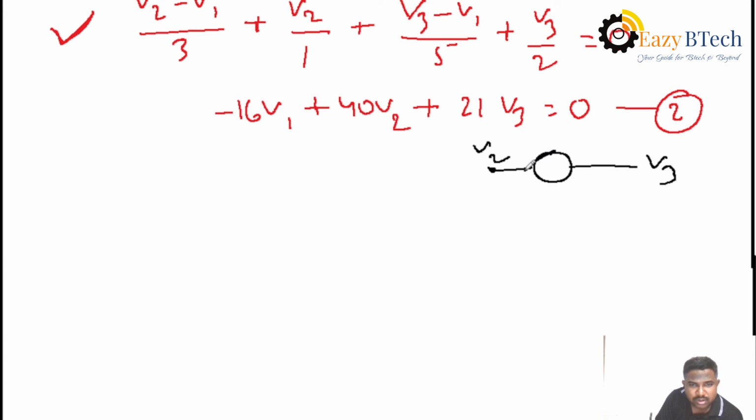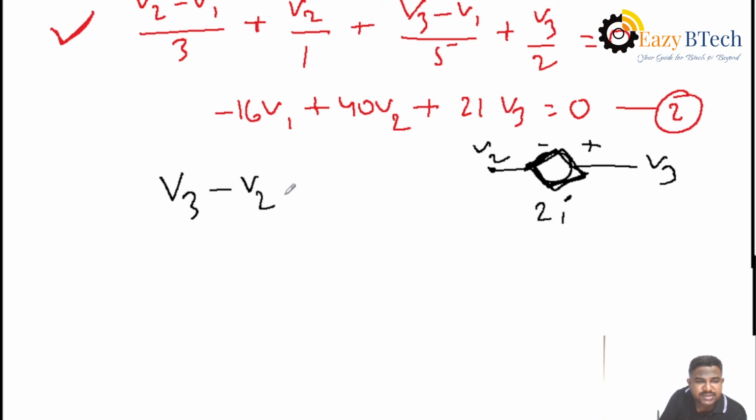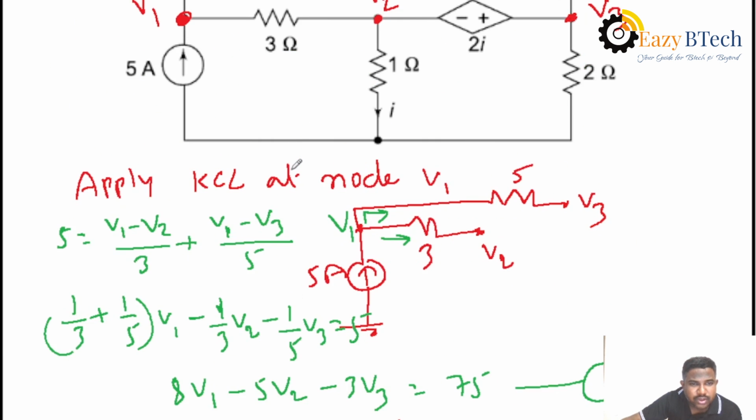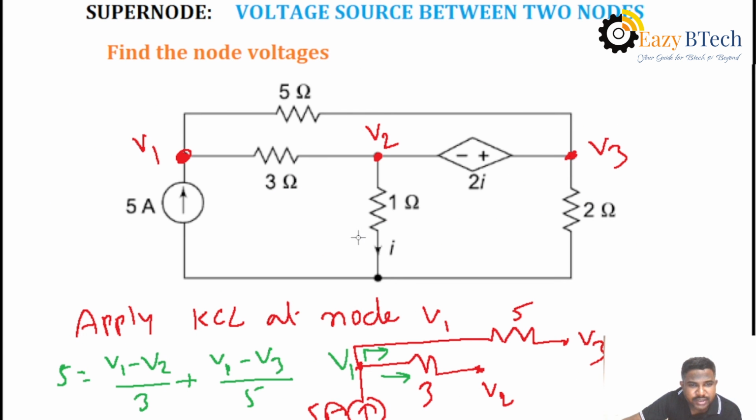In the given problem, it is a dependent source with value 2 into I, with the plus symbol given to the V3 side. Then V3 is the larger value, so V3 minus V2 equals 2 into I. Clearly observe where the current I is given in the circuit.